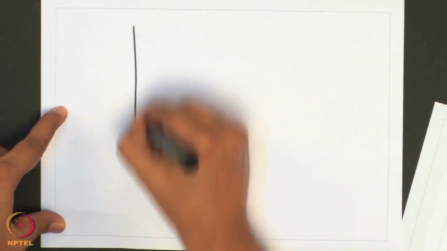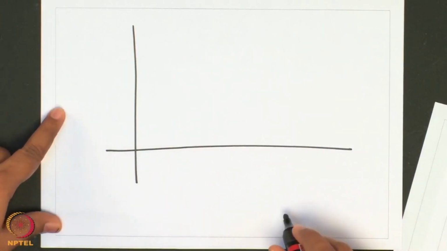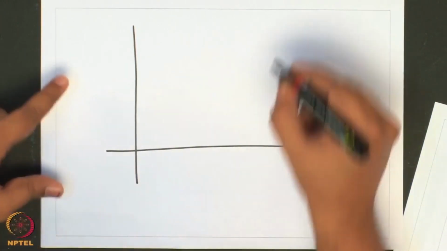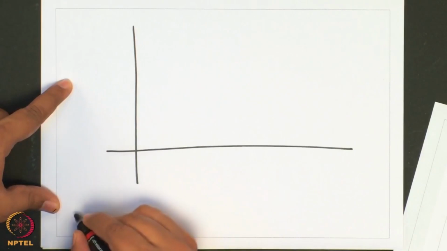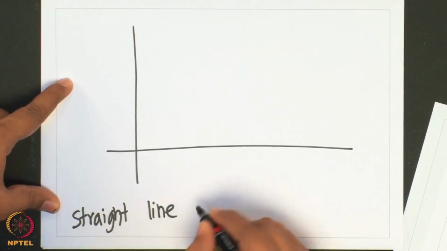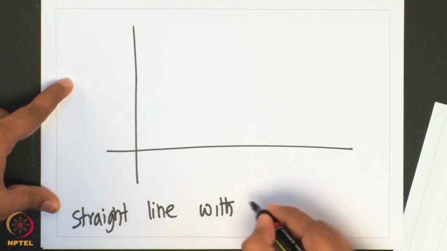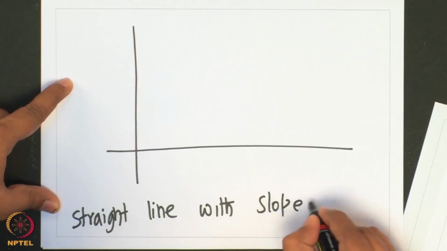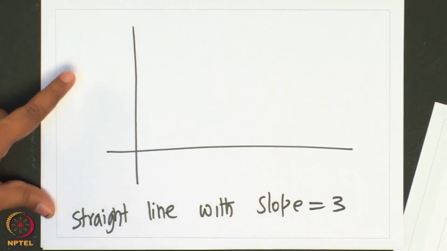What do we want? We want to draw a straight line with slope equal to 3.